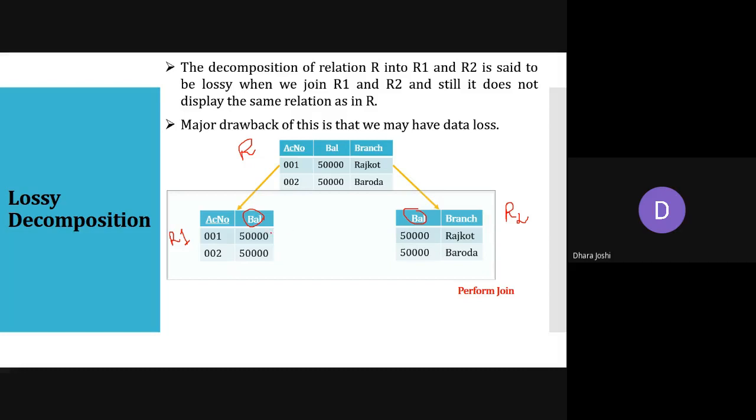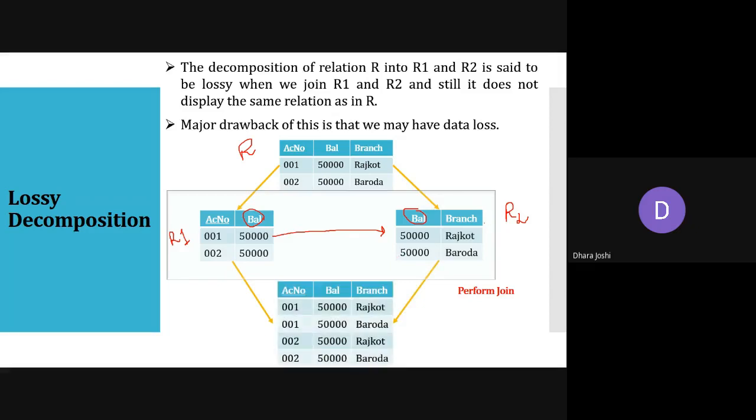So first we perform the Cartesian product, and these two balances will be matched. Yes, it is matched. So the first record inserted is account number 001, whose balance is 50,000 and the branch is Rajkot.